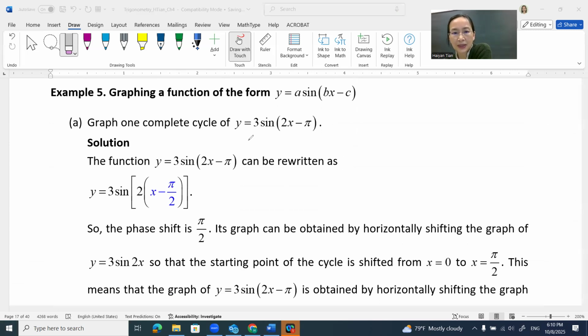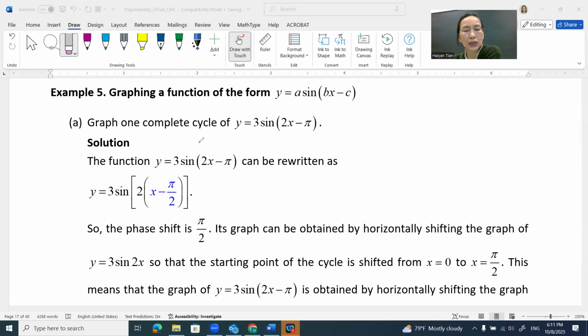In this example, immediately you can see a, the scalar multiple of the sine function, is 3. And b, which is in front of x inside the parenthesis, is 2. And the c value is the number pi, a real number.